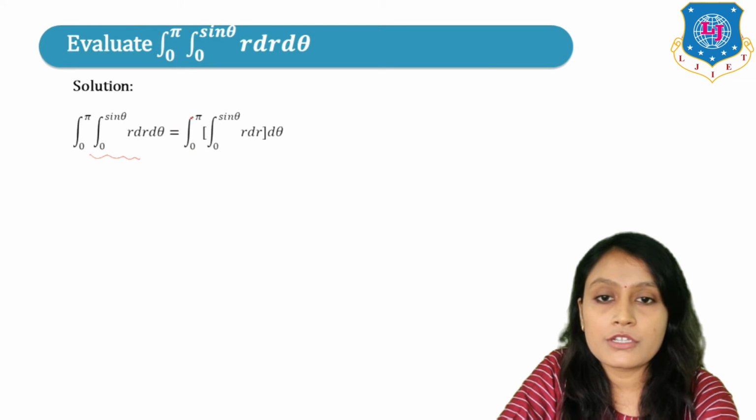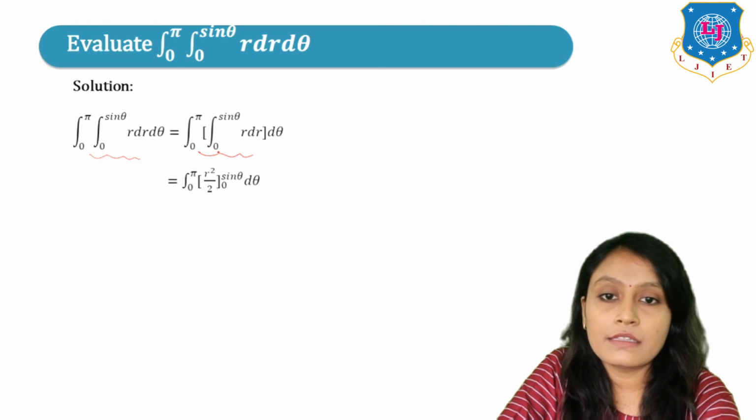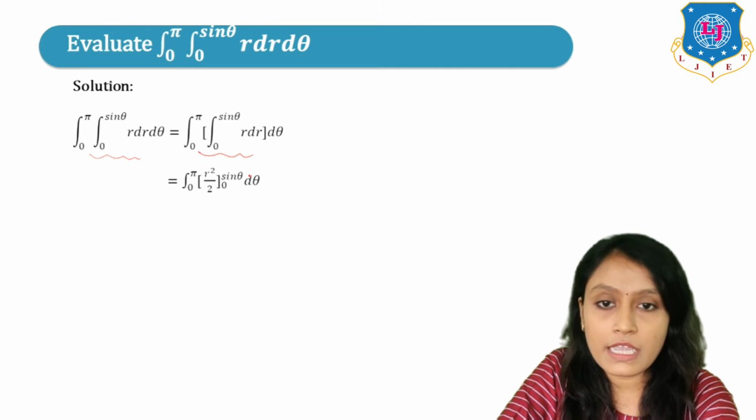So the integration 0 to pi, and the integration 0 to sine theta of r dr, and d theta we keep outside. Firstly we integrate this term. We know the integration of r is r square by 2, and the limits are 0 to sine theta, and the integration 0 to pi d theta will remain as it is.